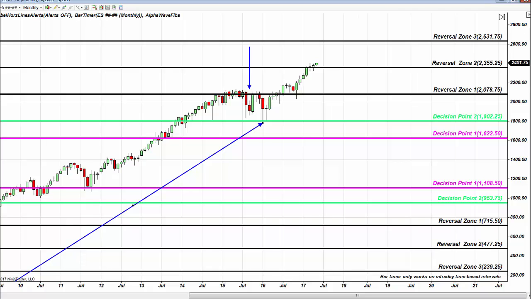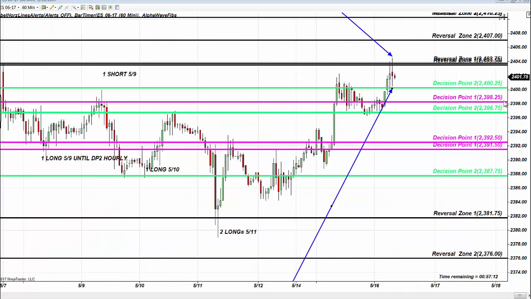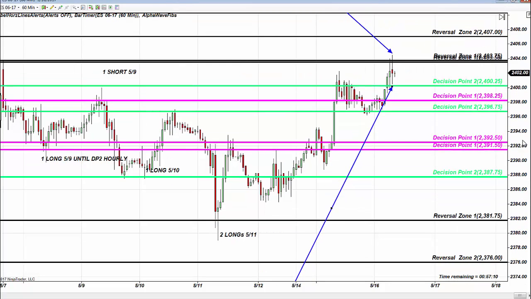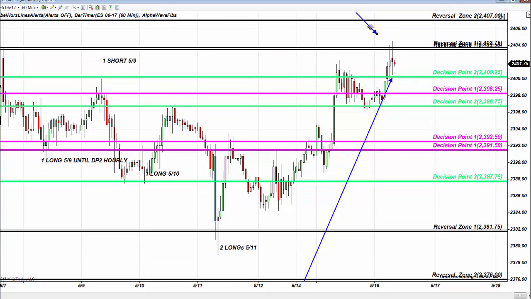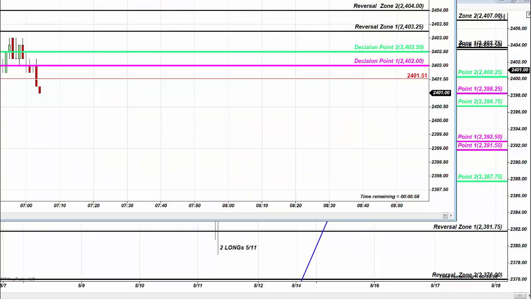This is identical structure, identical strategy in front of you on the hourly. This is what we are dealing with. If you are denying that this is crucial Fibonacci resistance and this is crucial Fibonacci support, success is not possible.